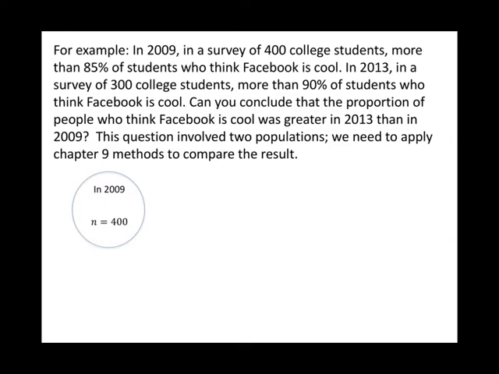This is gonna be your sample proportion. In 2013, the second population: in a survey of 300 college students, this time my sample size will be equal to 300, more than 90% of the students think Facebook is cool. So this is talking about the sample proportion that will be equal to 0.90.